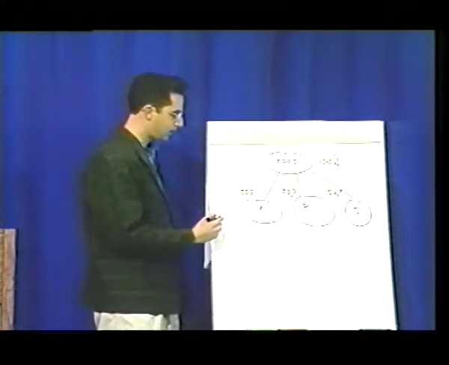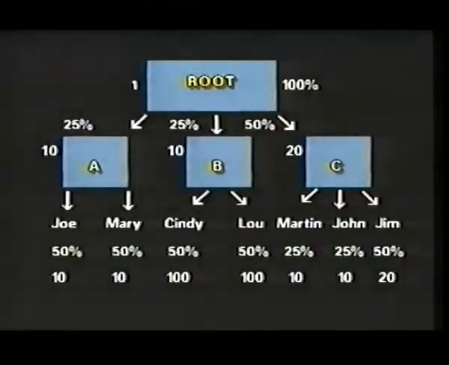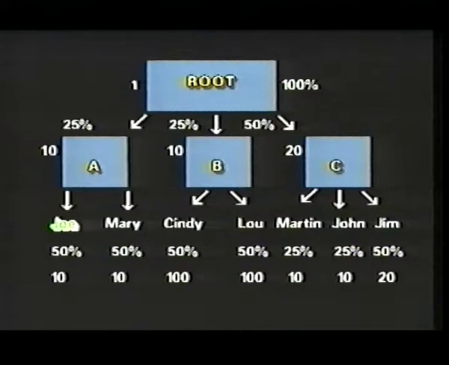Okay. And let's say group A has a user called Joe and Mary, and group B has Cindy and Lou, and group C has Martin and John and Jim.